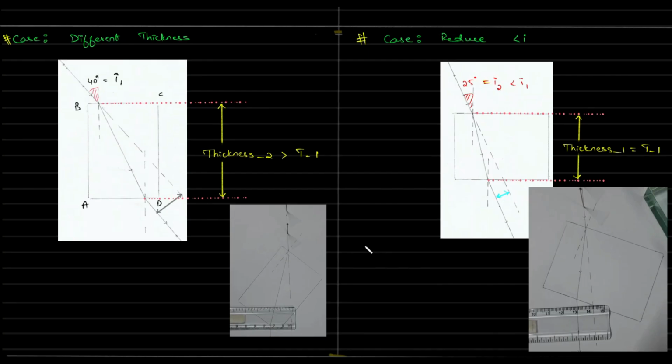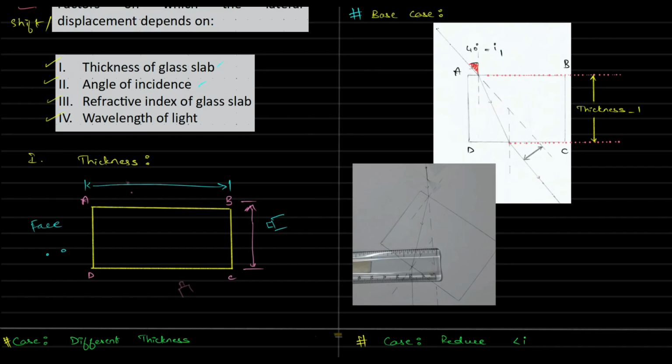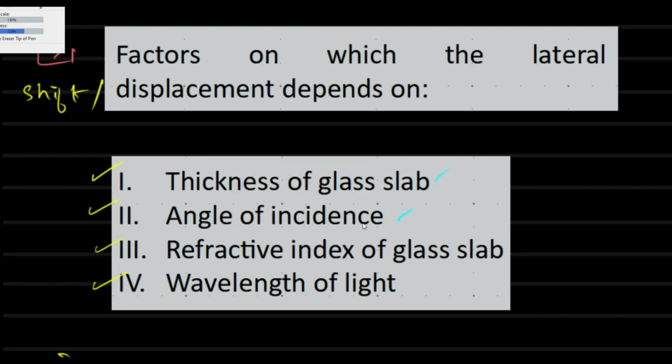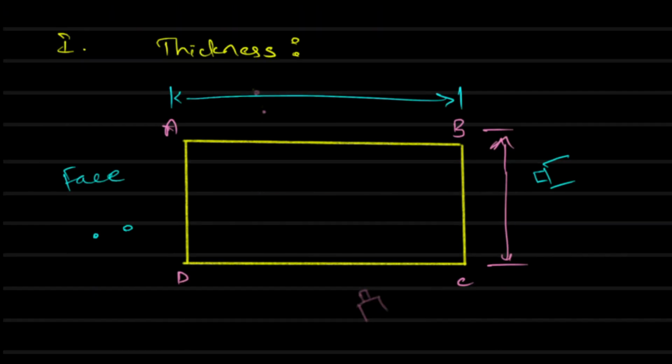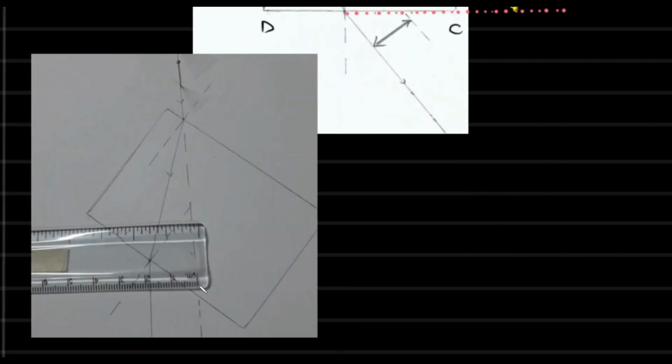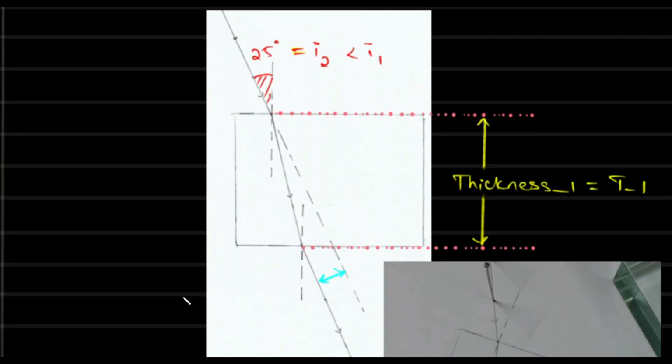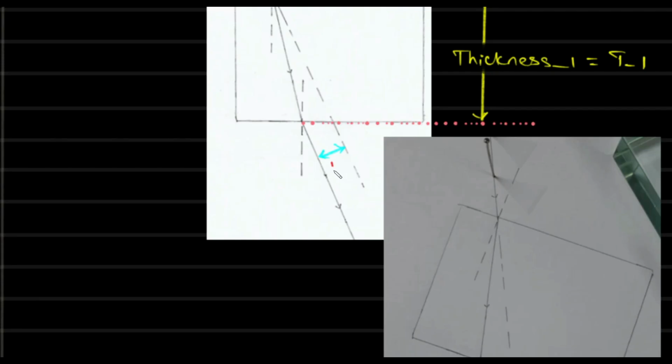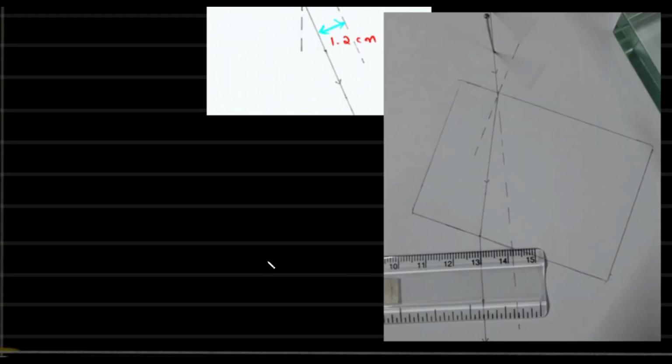Let us practically measure this so that we are clear with what we are doing. Again, I've done this practically. It's not just something that I'm making up. In the base case, the lateral shift happens to be 1.8 centimeter. In the second case, it happens to be approximately 1.2 centimeter, please have a look.